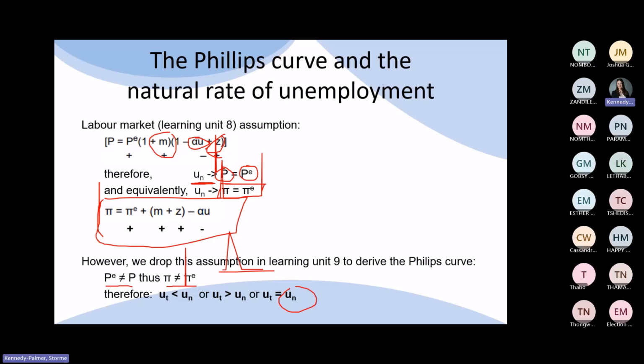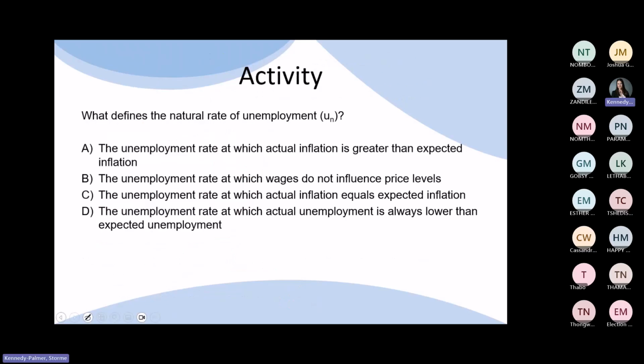And if the cars go too slowly, say there's higher unemployment than the natural rate, then there's a risk of deflation, falling inflation. So the economy needs to stay at the right speed to keep inflation steady, and that speed is the natural rate of unemployment, which keeps the change in inflation steady. What defines the natural rate of unemployment?